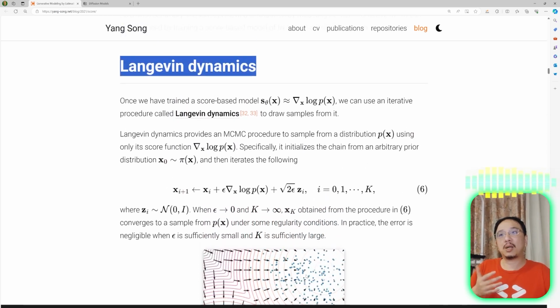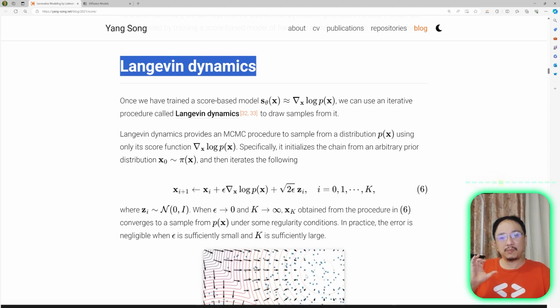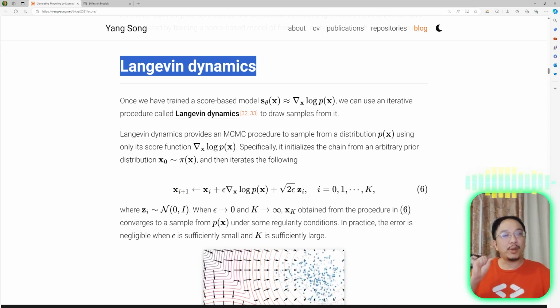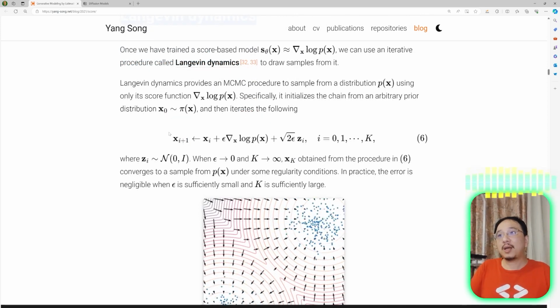So you can imagine that it is kind of like a gradient ascent algorithm with some random noise term, so that it won't converge to a single point. It will converge to a probability distribution. So this is the formula for the Langevin dynamics.